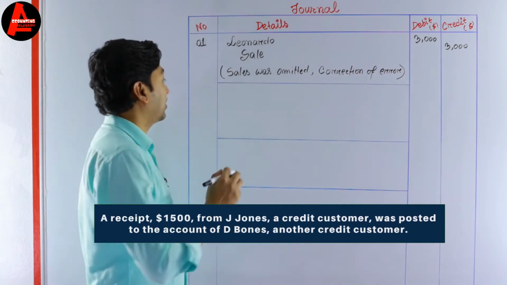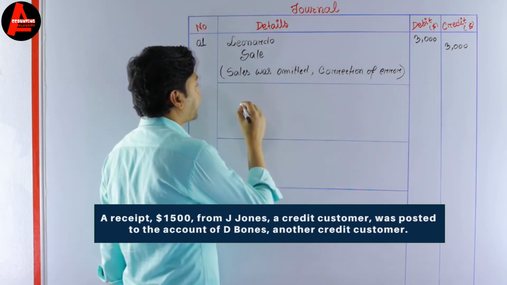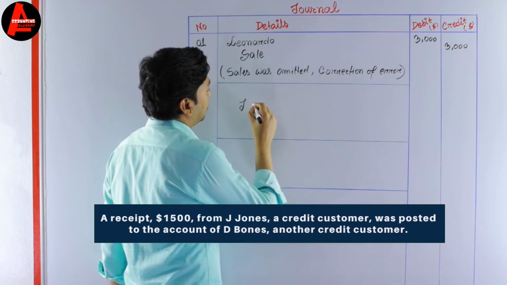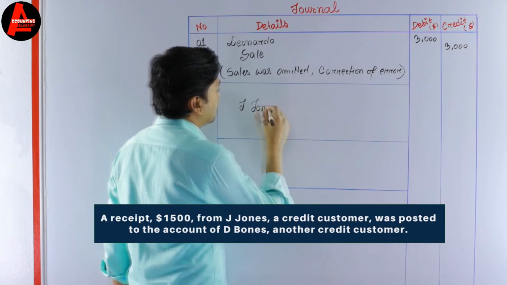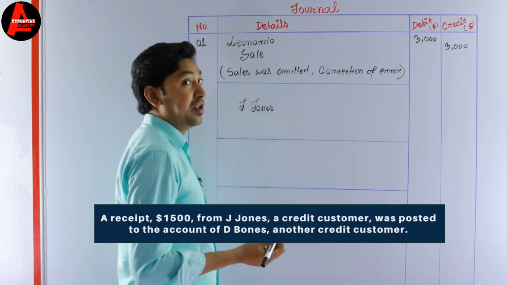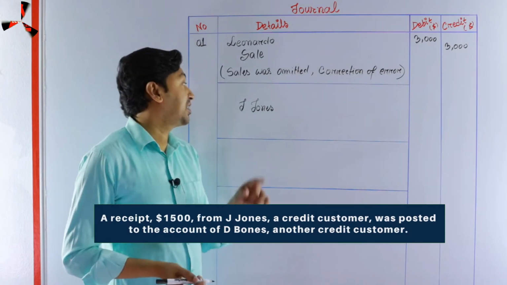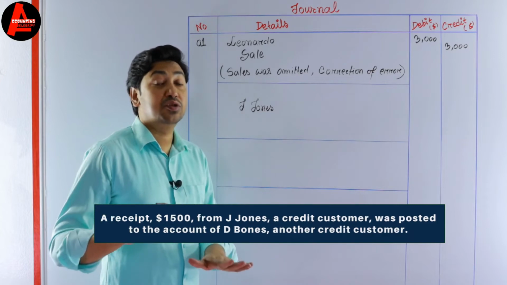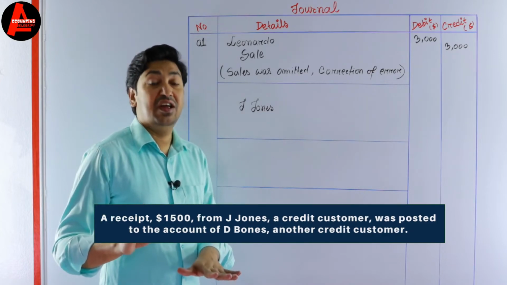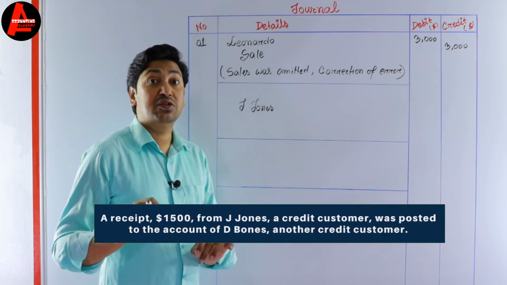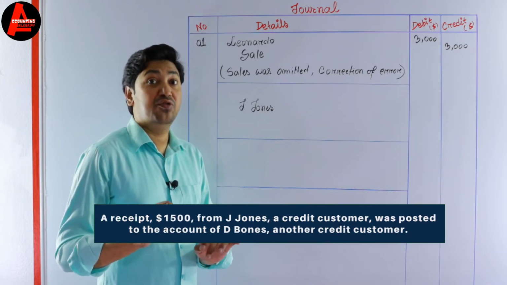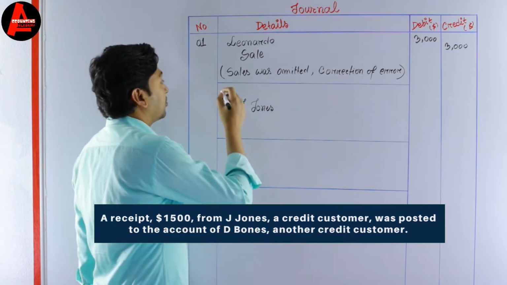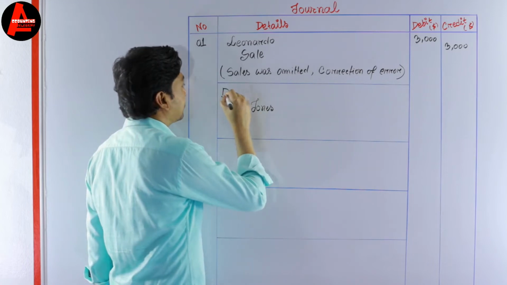So let us write here the giver name first. J. Jones. And mistakenly, instead of writing J. Jones, on the credit side D. Bones was written. So now D. Bones will be debited to rectify this error. So let us write here D. Bones.